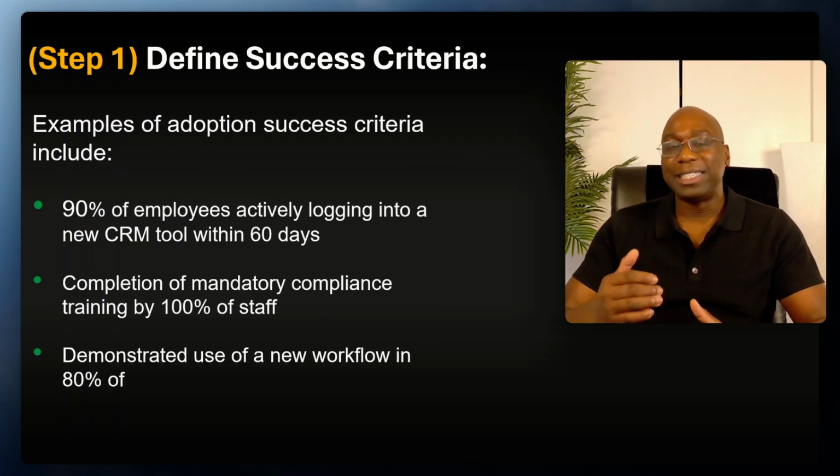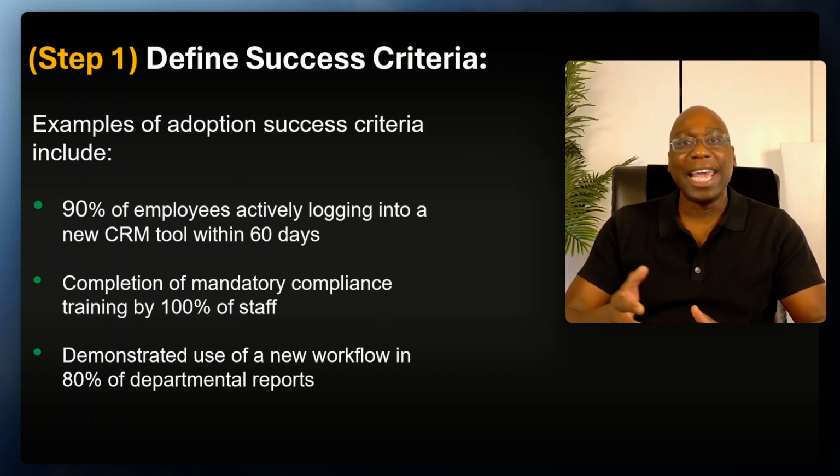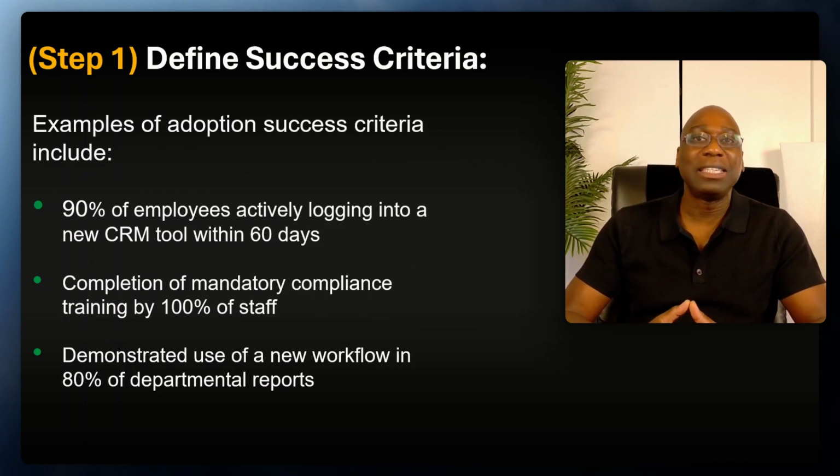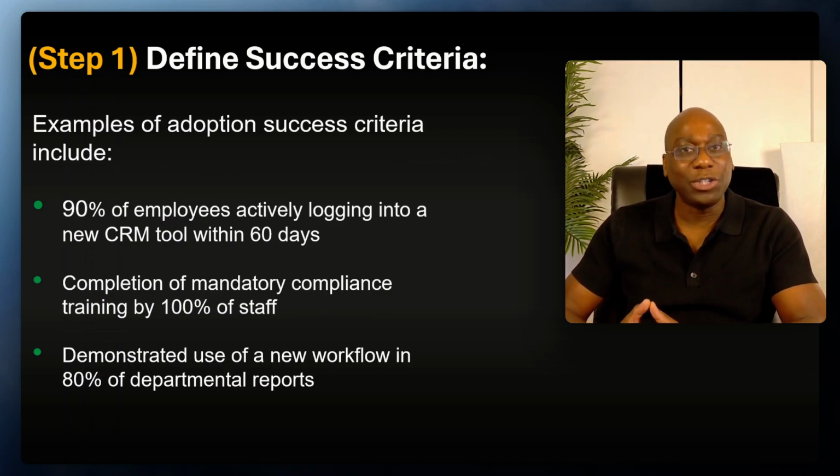Another one is demonstrated use of a new workflow in 80% of departmental reports. One thing you will notice on these adoption success criteria examples is they are specific, they are measurable. Emphasis here on measurable. And that moves us to step number 2.